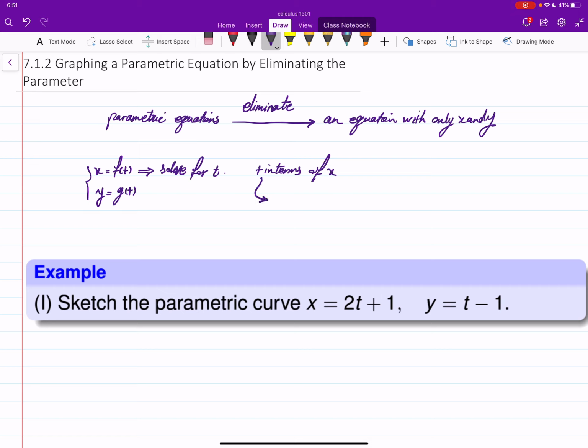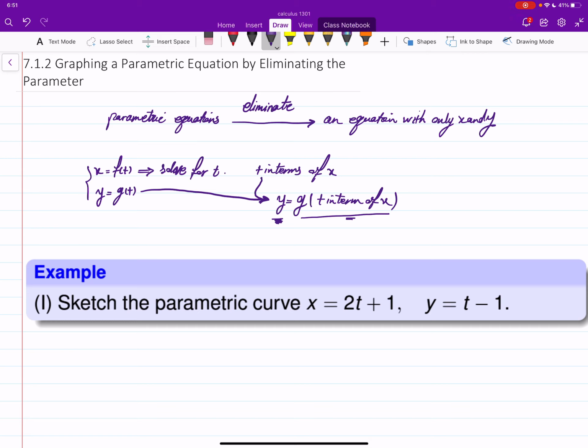Because then we can come in and plug that t in terms of x into this g. So t in terms of x. So the left-hand side is y. On the right-hand side, we will have a function of x.